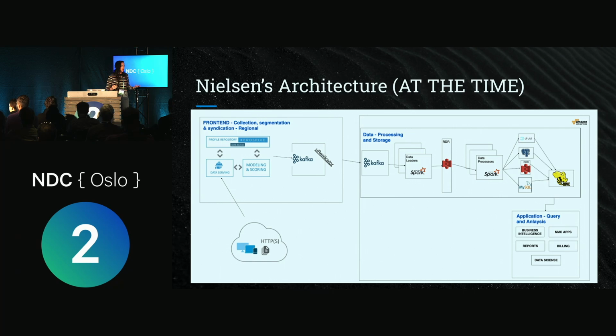At the time that we designed this architecture, which was like a year and a half ago, we had several data centers all across the world, and each one of these data centers was running its own front-end layer. So the data serving servers receive all that data, enrich it, and then produce it to their own local regional Kafka.